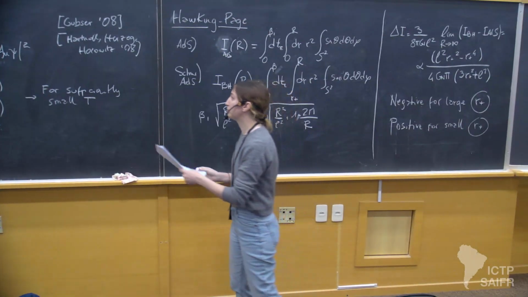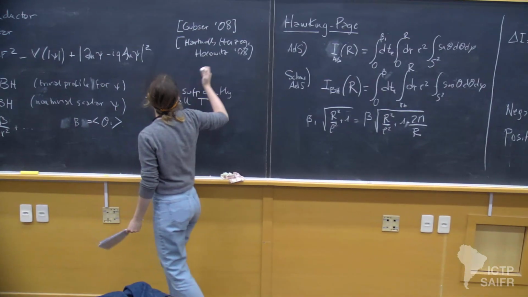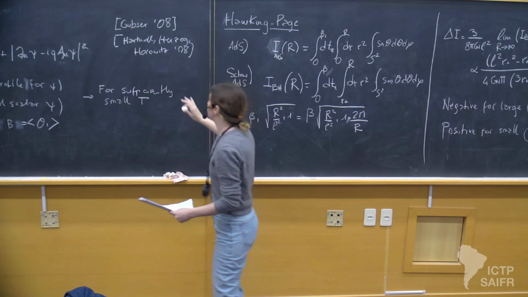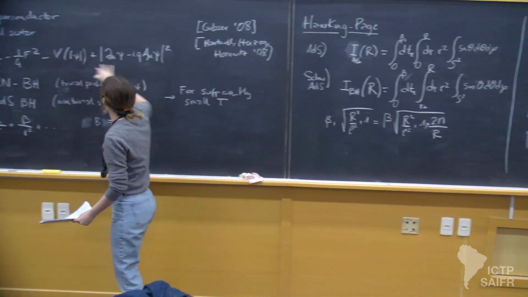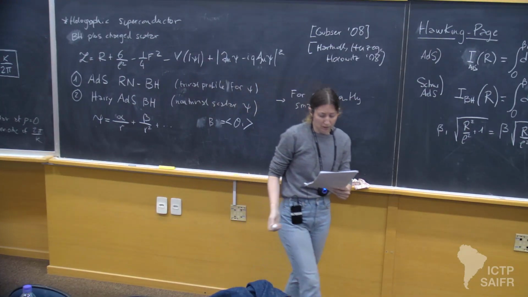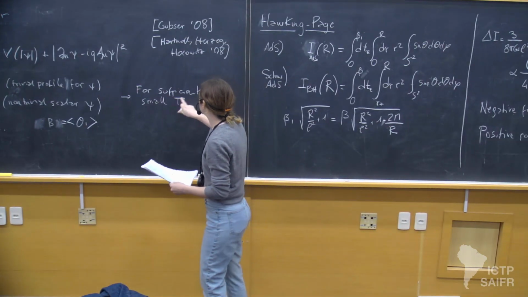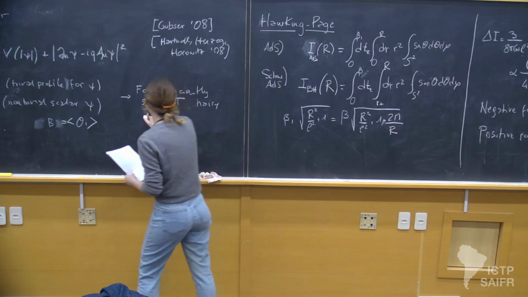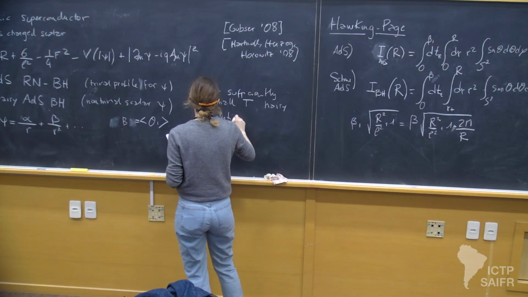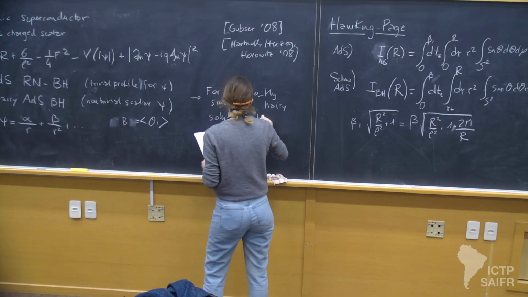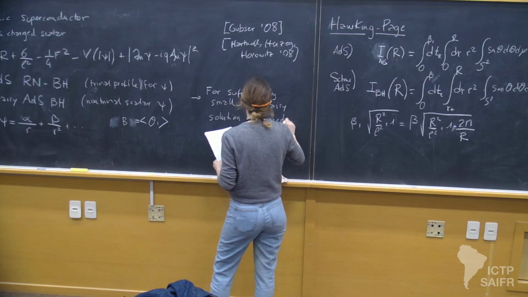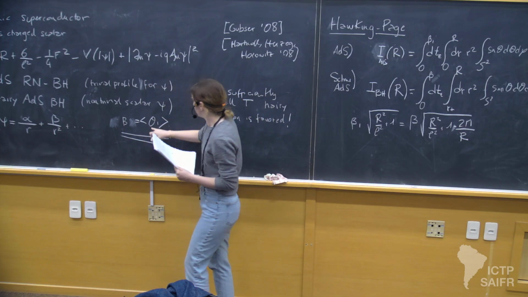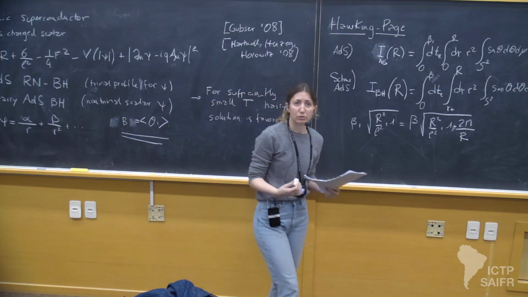I'm not going to do all the procedure, but you can find it in these two papers. In general, what they do is fix the black hole background and find some solutions for the scalar. But what it means is that for sufficiently small temperature, the hairy solution is favored, which means that there will be a non-trivial VEV, expectation value for the operator in the dual field theory.